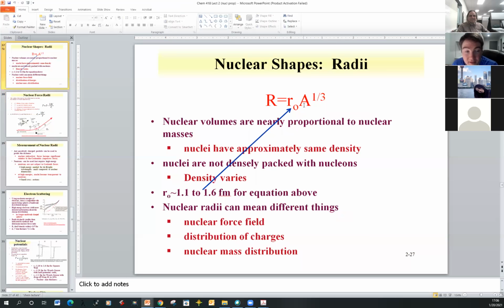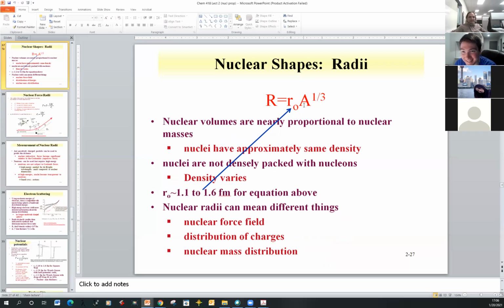Well, it contains most of the mass of an atom. Compared to an electron, it's like a little lead weight basically.